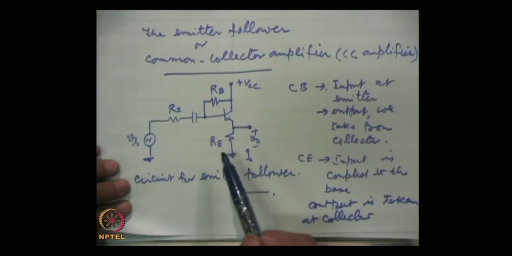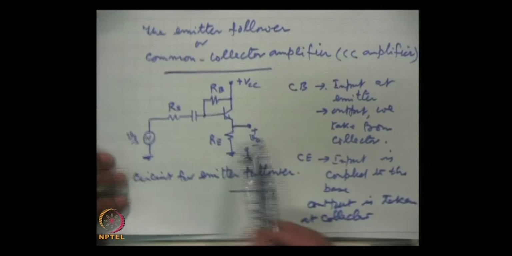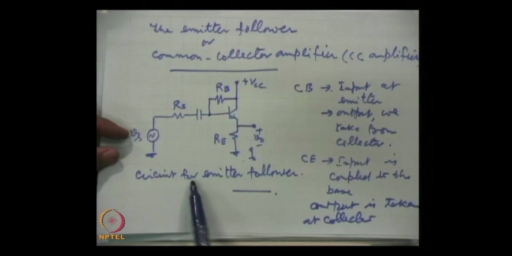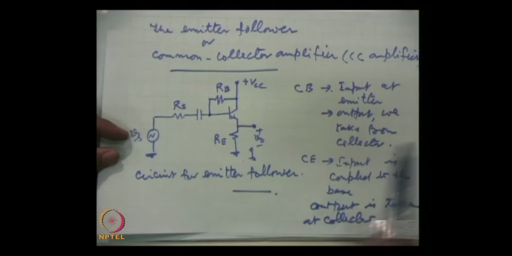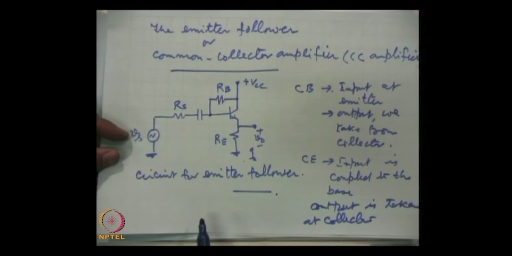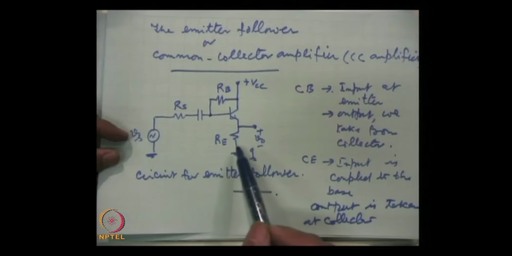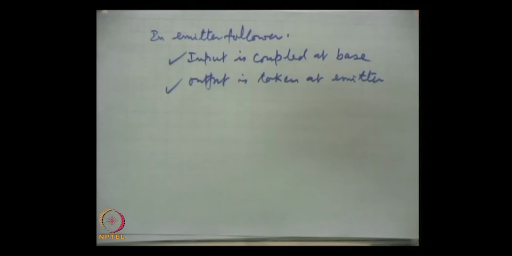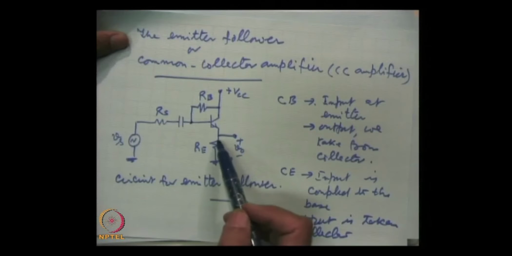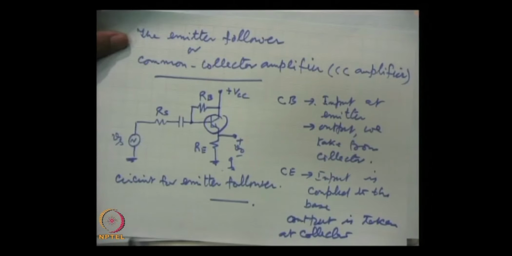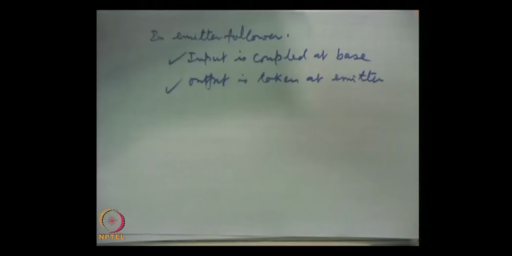So, you must remember that when you look at a complicated circuit where several stages of amplifiers are there, wherever the output is taken at the emitter, this is the emitter follower. So, in this circuit, to perform the analysis, we will replace this transistor by its model. So, we do that.